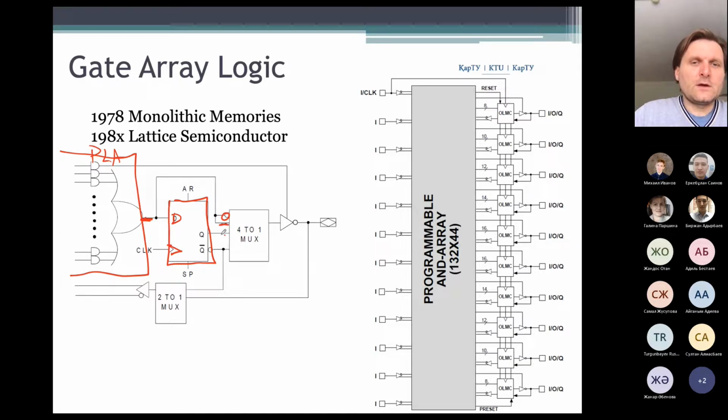Direct is here as a Q. Remember its last value, negative Q, and we may connect that information to the output pin. And also we may introduce that remembered value as an input to our PLA structure.